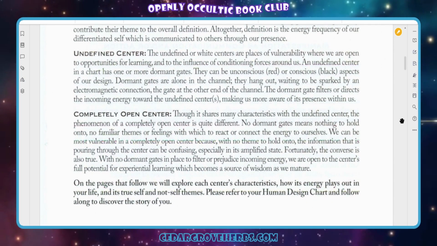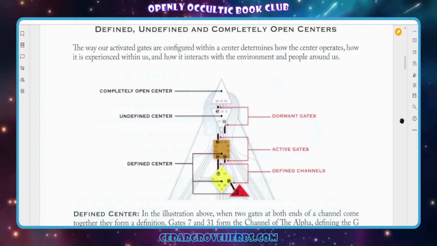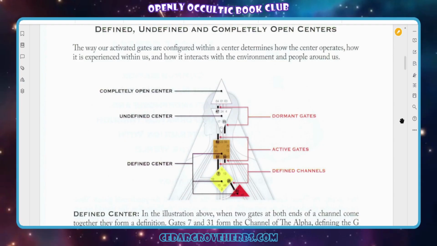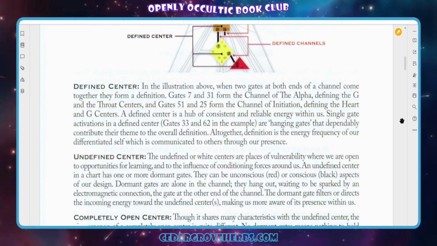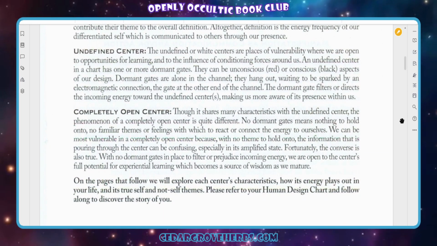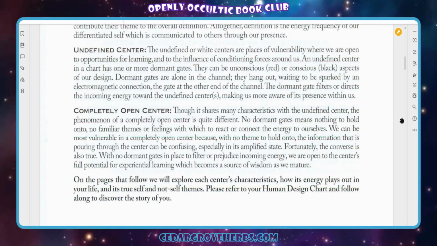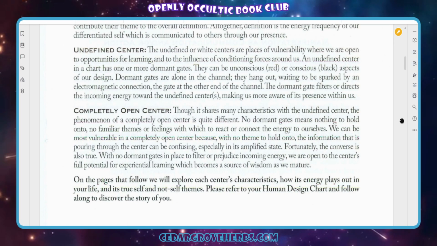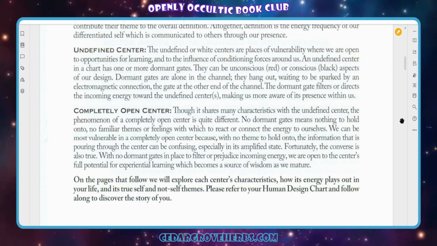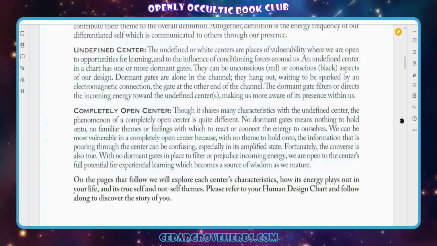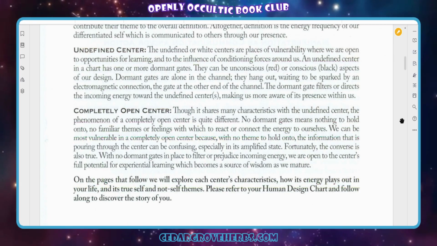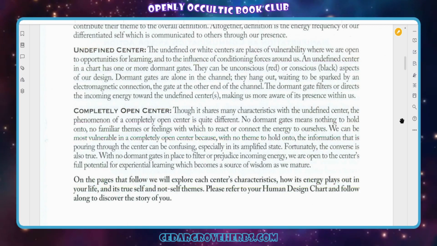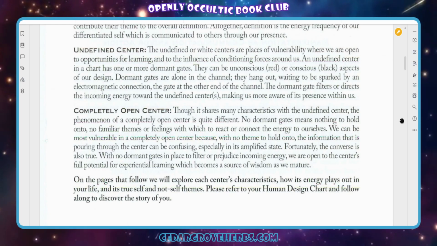And then you have completely open centers, which is what the head center is here. Nothing defined, no coloring in, nowhere. It's completely open. Though it shares many characteristics with the undefined center, the phenomenon of a completely open center is quite different. No dormant gate means nothing to hold on to, no familiar themes or feelings with which to react or connect the energy to ourselves.